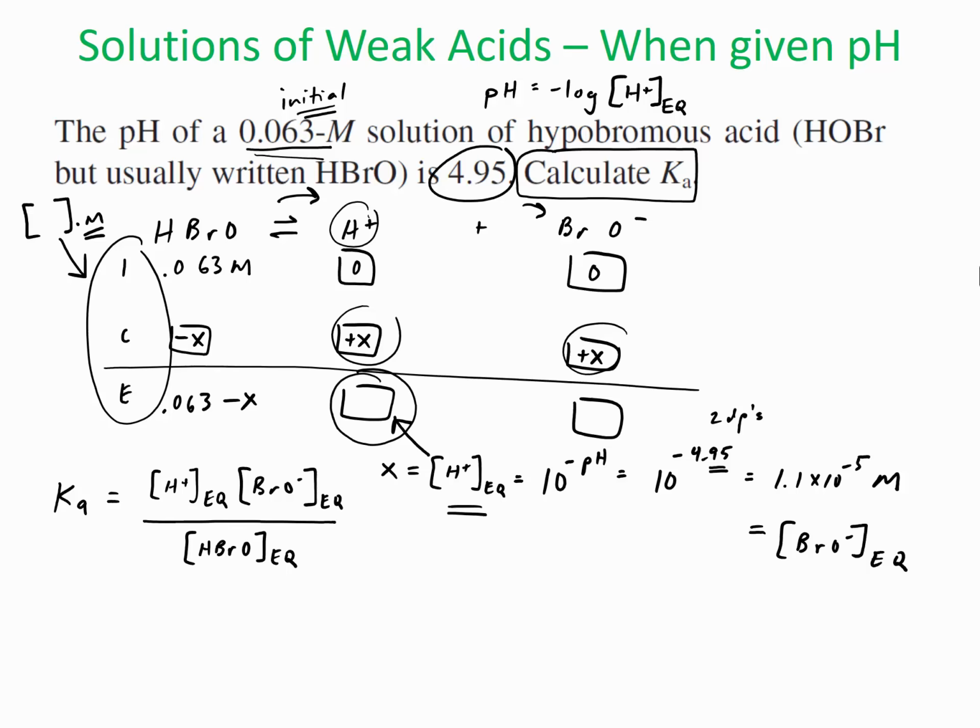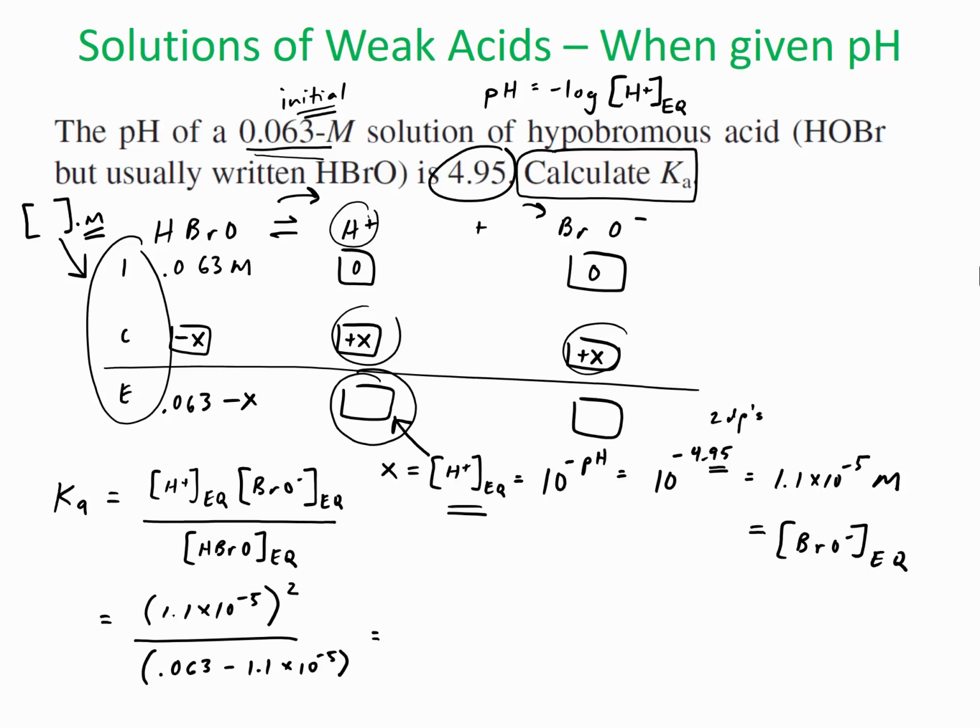Now that we know what that is, we can plug this in also. We're going to put all of these numbers in our equilibrium expression. So this is going to be 1.1 times 10 to the negative 5th, squared, over 0.063 minus 1.1 times 10 to the negative 5th.